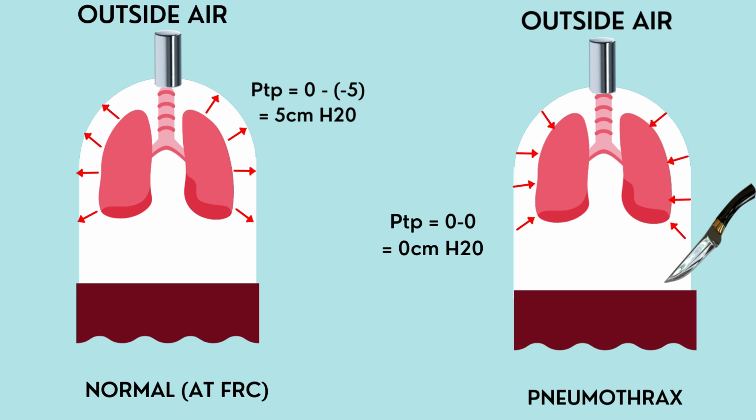And then the pleural pressure at FRC, that is at the end of expiration, is -5 centimeters of water. So 0 minus -5 becomes positive, so it's positive 5 centimeters of water. Since it's a positive pressure, it's a distending pressure, it helps to open or inflate the lung. The red arrows show how your transpulmonary pressure is acting.